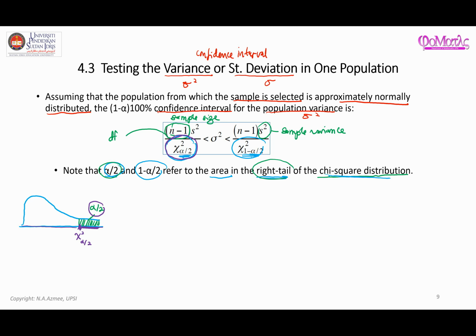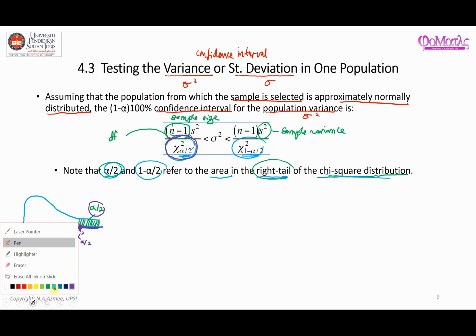In other words, the probability of getting this point and larger than that is equal to alpha over 2. So that's the meaning of this symbol here: it is the point on the horizontal axis which gives the probability to the right of this value as alpha over 2.